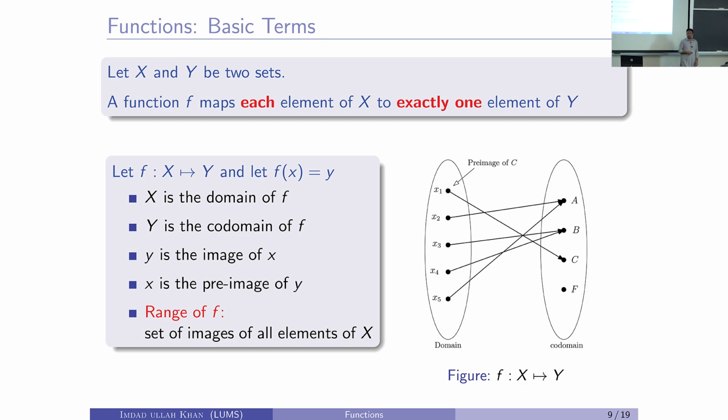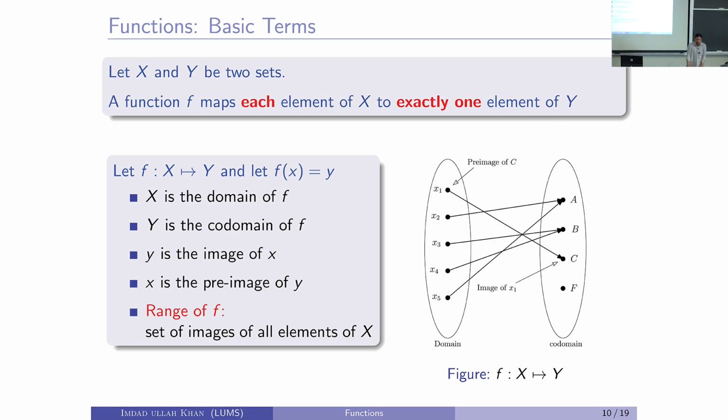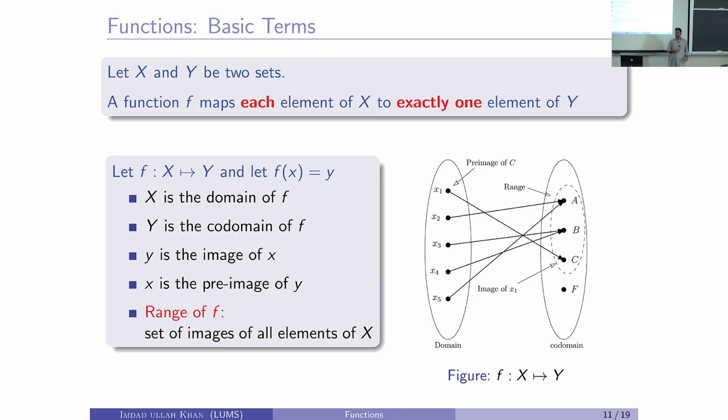What is the image of x1? What is the image of x2? What's the image of x3? Okay, so what is the range of this function? The range of this function is the set of images.